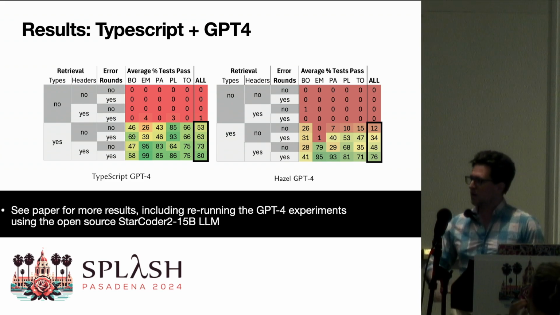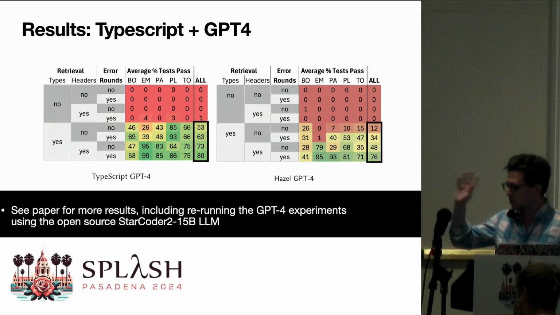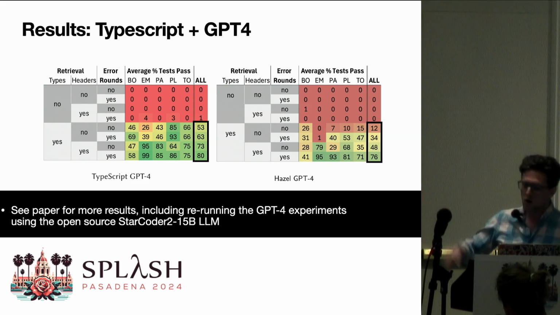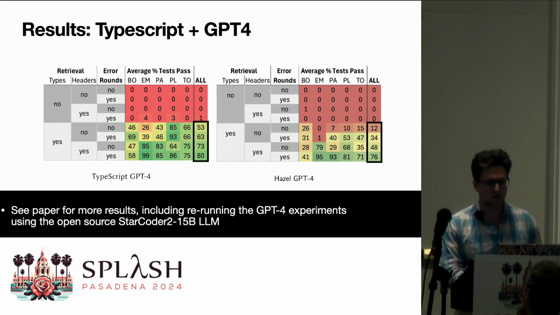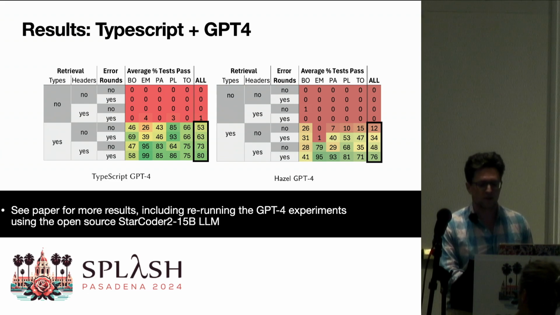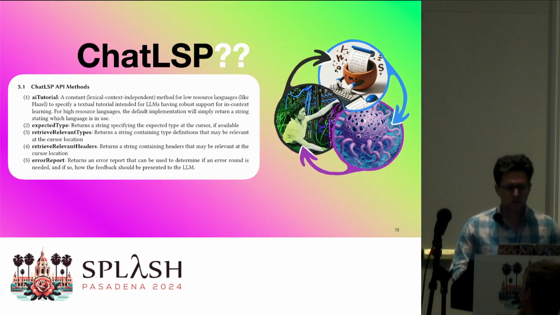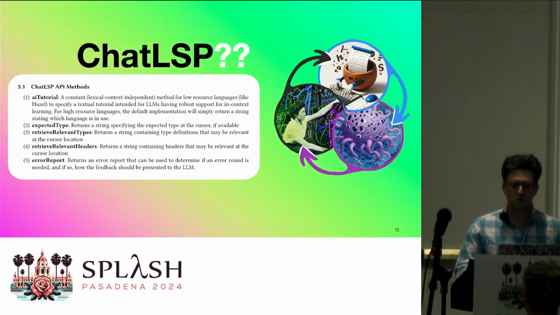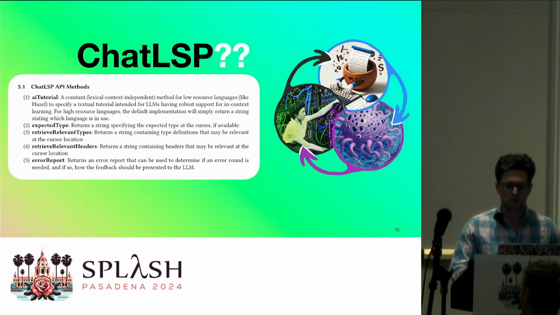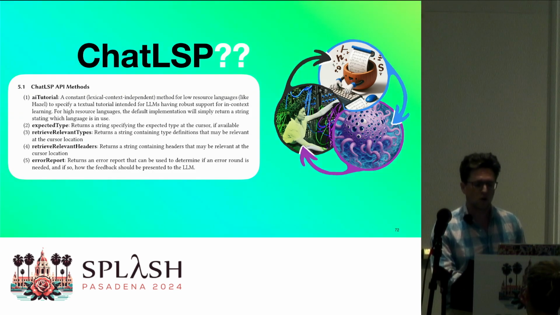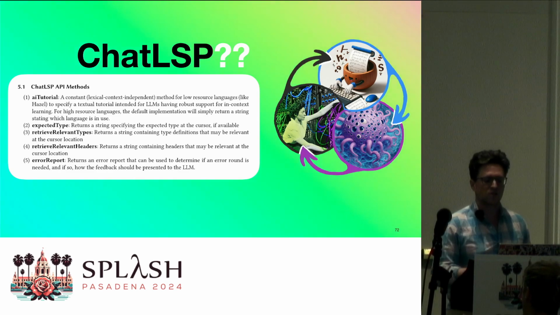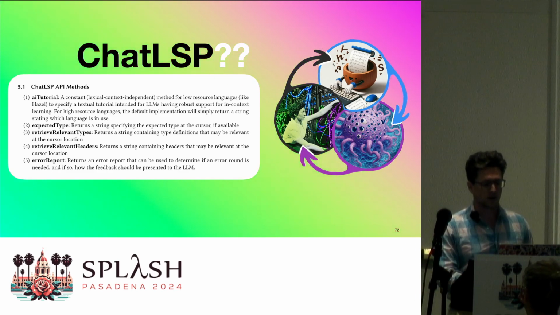We also reran all of the experiments that we had previously run with GPT-4 with an open source model, the StarCoder 2 model, again, mentioned in the previous talk, which showed roughly similar trends. Now, implementing our method in TypeScript using the existing language server was difficult. This led us to sketch a prospective extension to the language server protocol, which would streamline integrating this method into a wider range of statically typed languages.